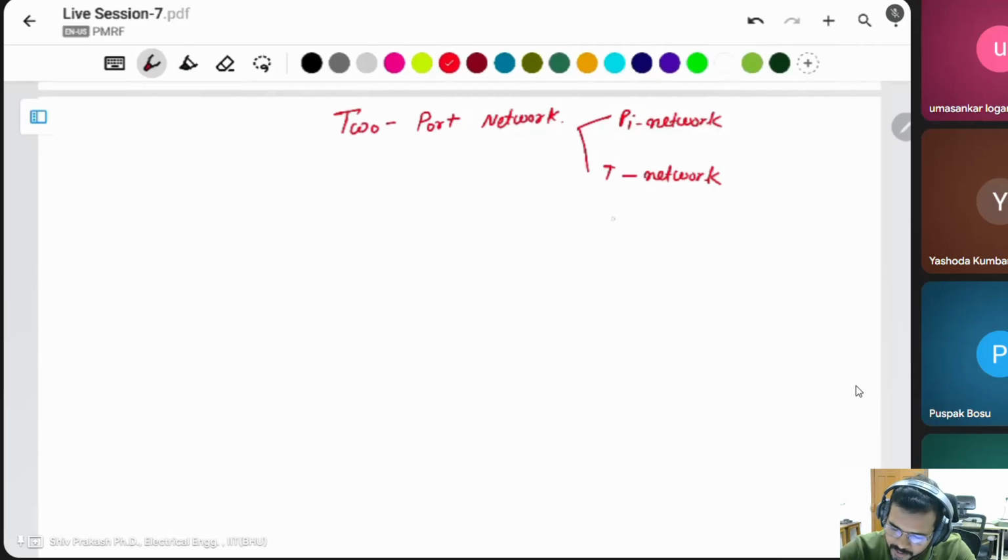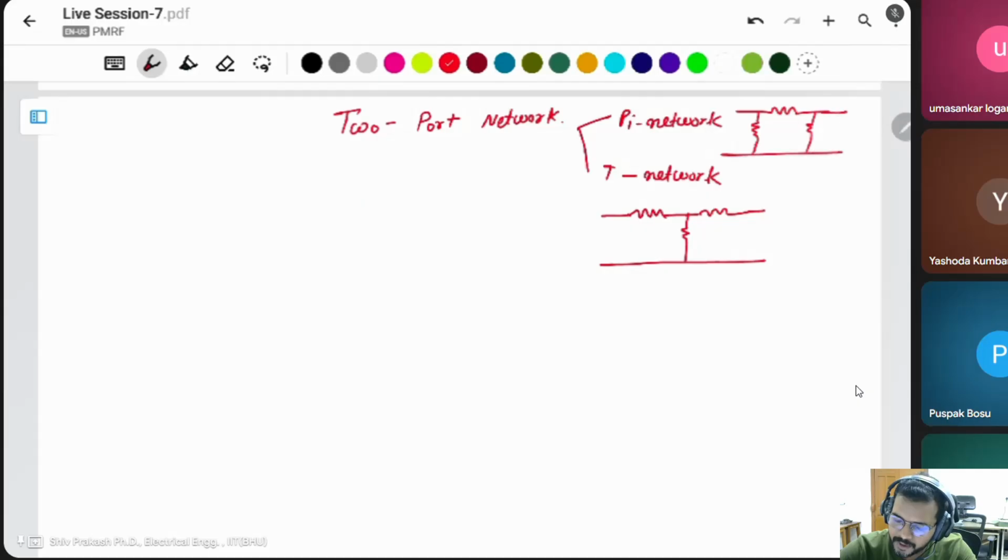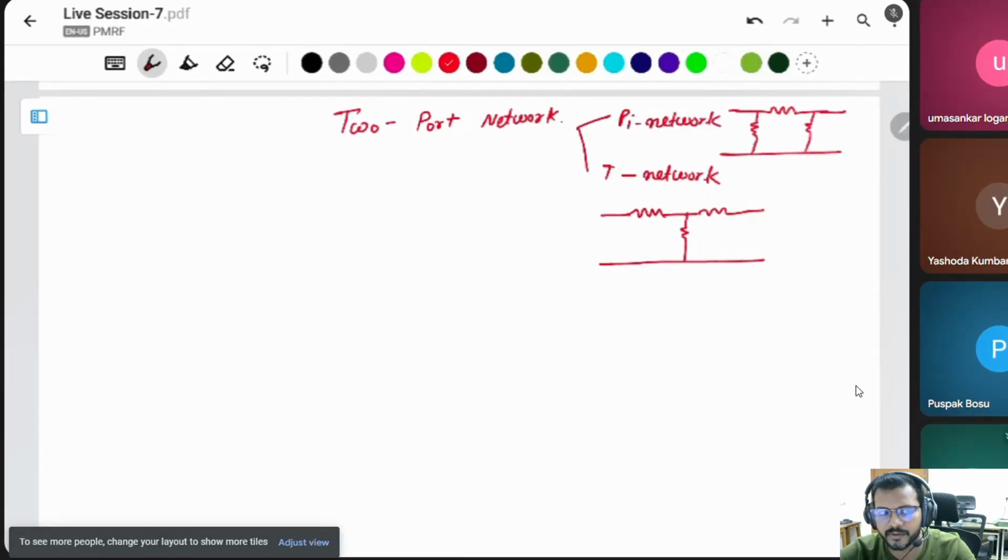T network means simply placing the components in T shape. This is the T network. Pi network is the same, placing the components in pi type. This is the pi network. This is the T network.